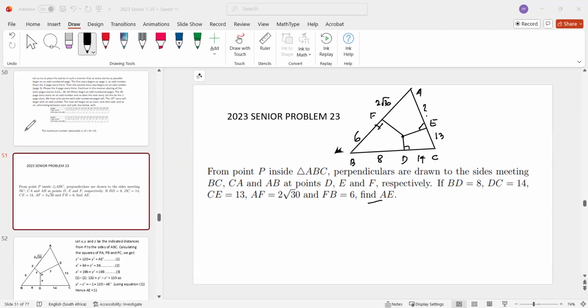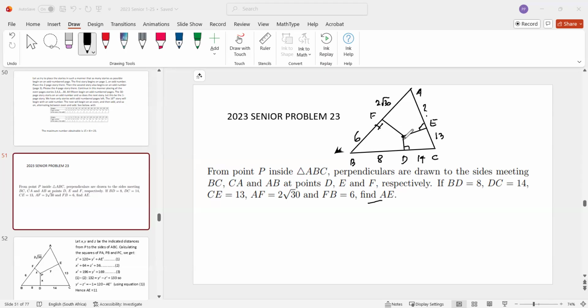All right, I gave this thing a lot of thought, and eventually I realized that you have to use Pythagoras. I wonder why. All right. So I noticed that I got 6 and 8 here.